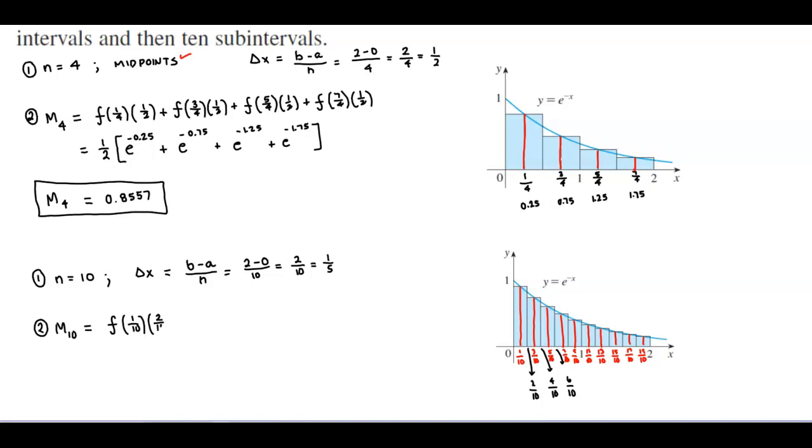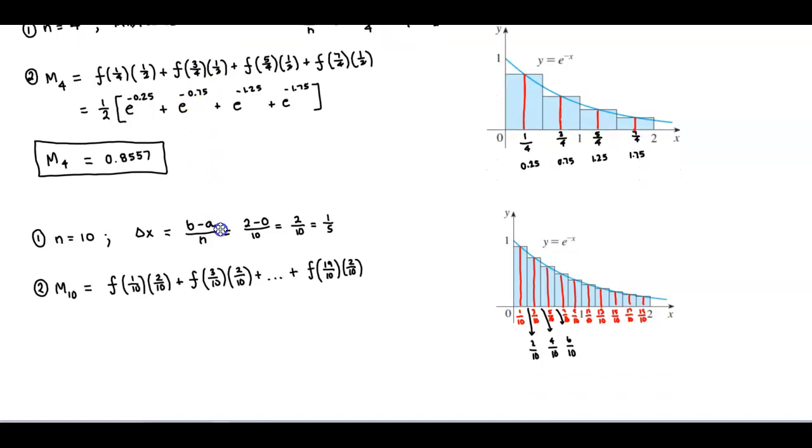So we'll write that as 2/10, and then plus f of 3/10 times 2 over 10, plus dot dot dot, we're going to go all the way to f of 19 over 10 times 2 over 10. Okay, so if we factor out the 2 over 10, we know that that reduces to 1/5.